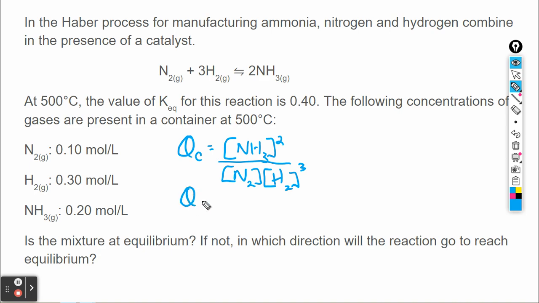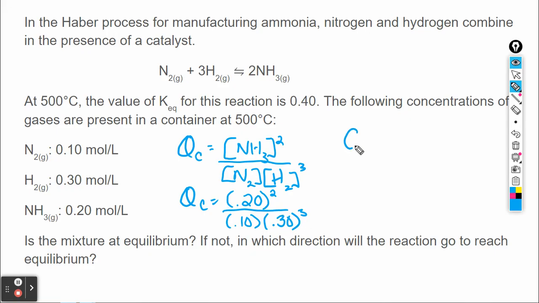Then I substitute my concentrations into my formula. My concentration of NH3 was 0.2. My concentration of N2 was 0.1. My concentration of H2 was 0.3.